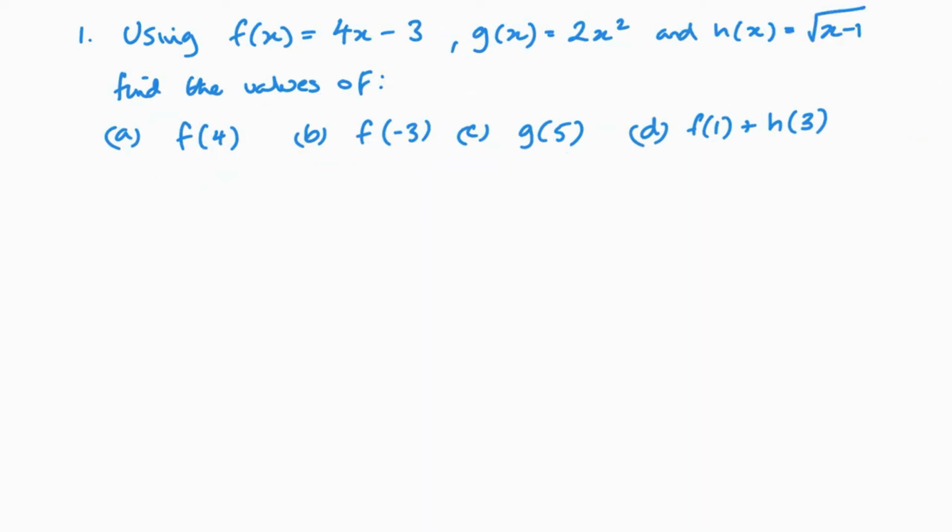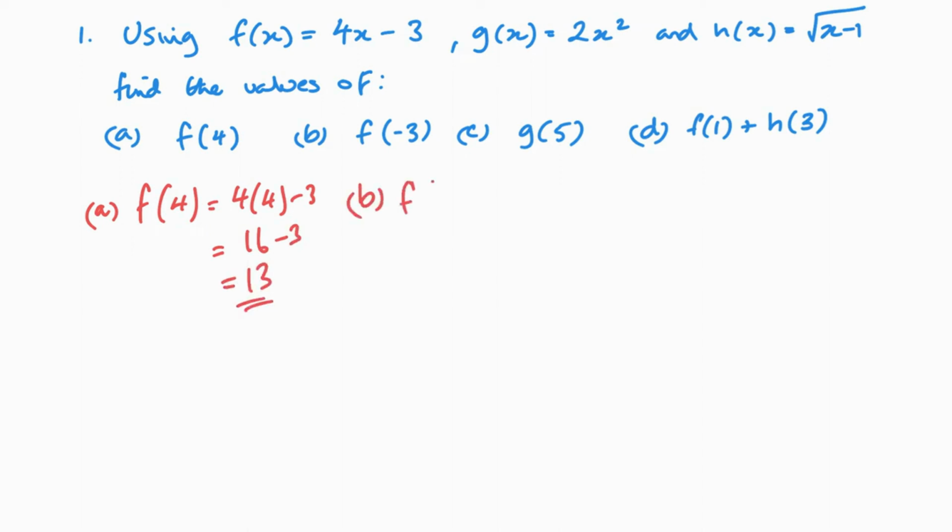So, a nice easy question here. Part A, f of 4: just substitute 4 in. 16 minus 3 is 13. Part B, f of minus 3, so again, substitute minus 3 in.